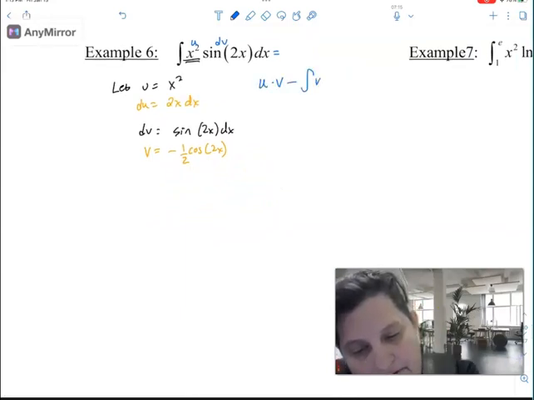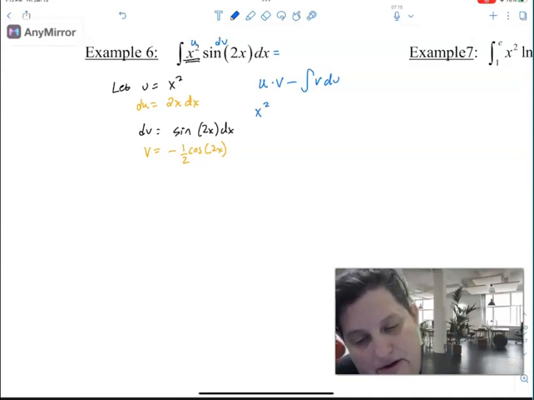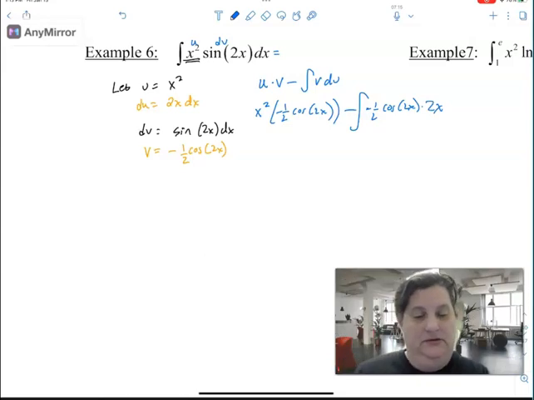Ultraviolet voodoo. Okay, so it's ultraviolet, UV, and then the integral of v, negative 1/2 cosine 2x times 2x.